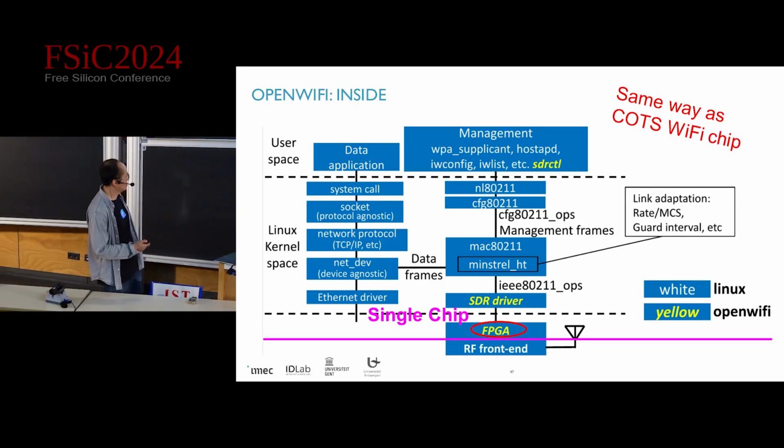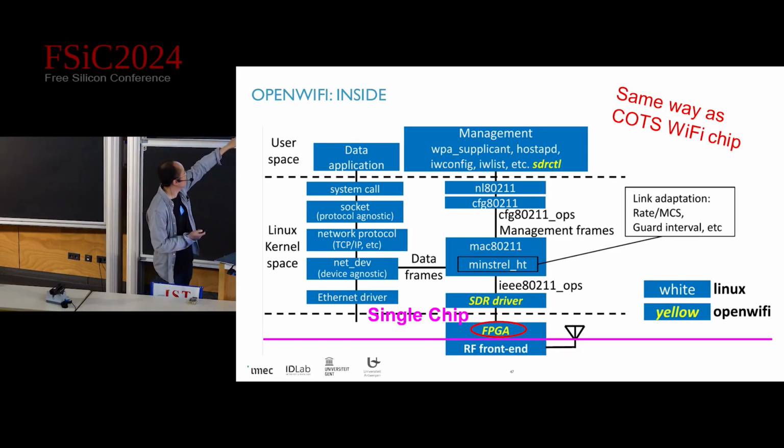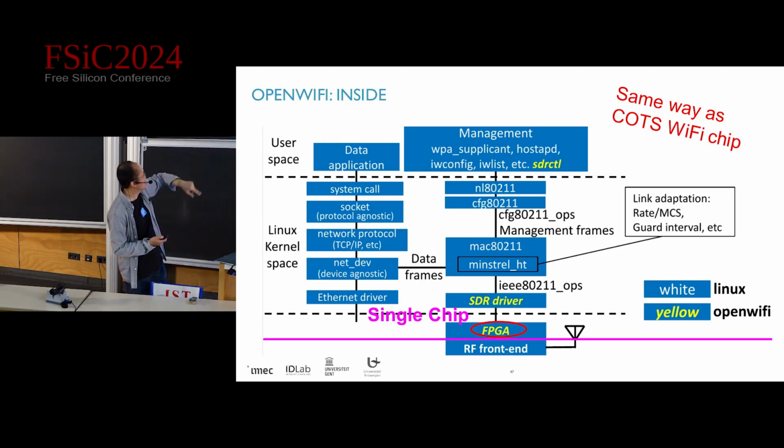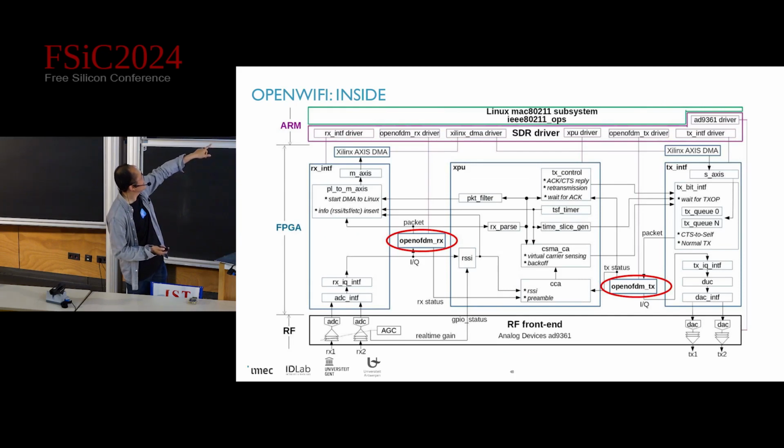Let's take a close look at what is inside the design. Okay, this is the whole SoftMAC architecture in Linux. The yellow parts are Open Wi-Fi: the SDR driver, the FPGA and some user space tools. In the FPGA, there are many building blocks, but it looks quite different from the Broadcom or the Atheros example, right?